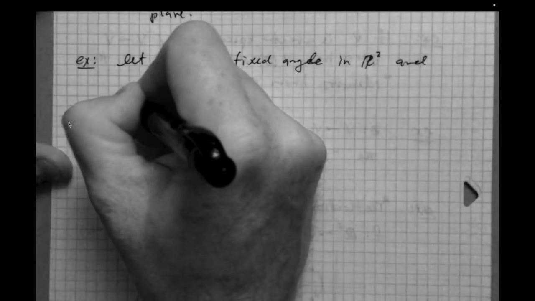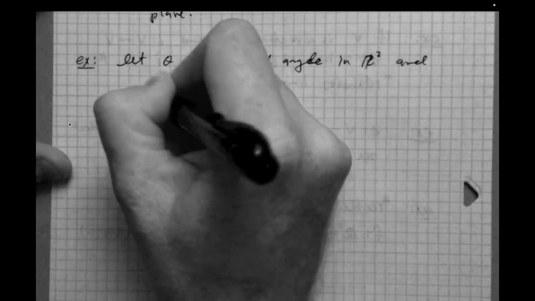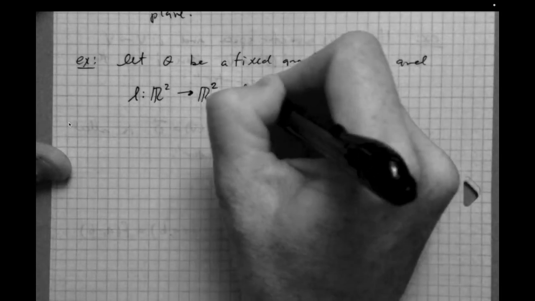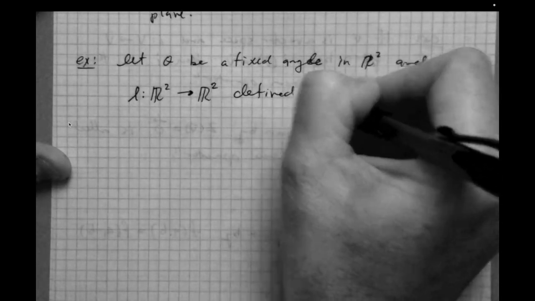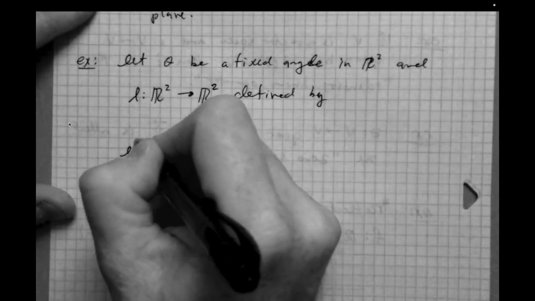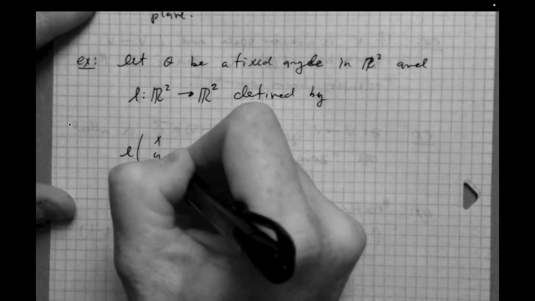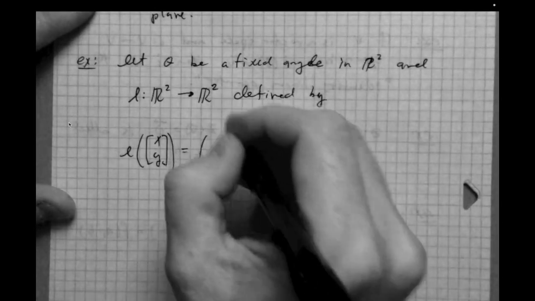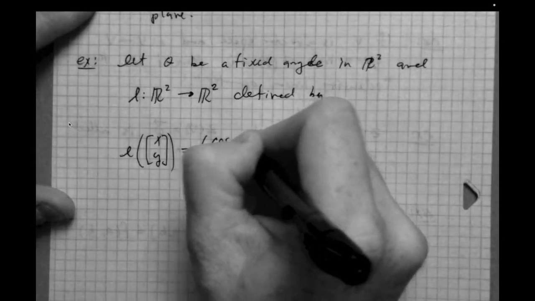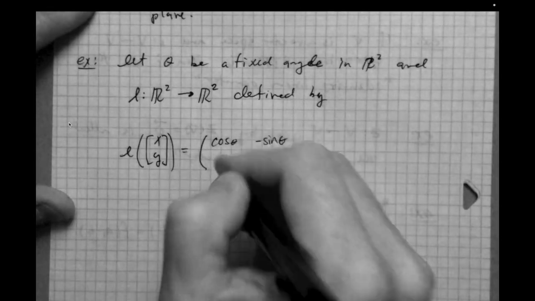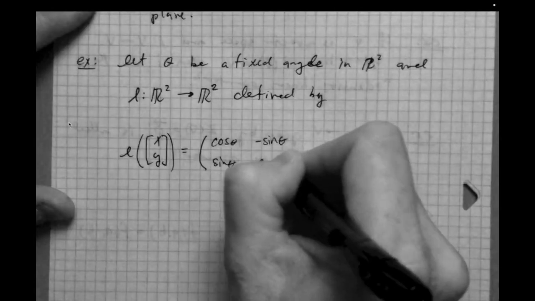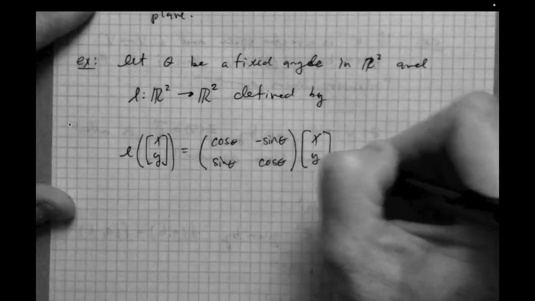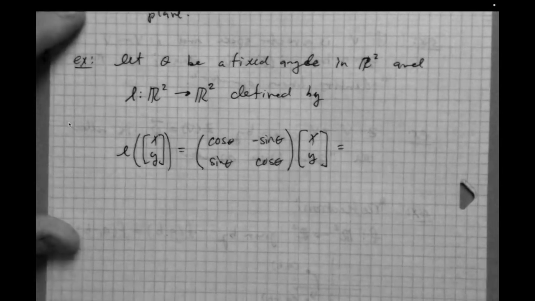Then we're going to say L is the function from R2 to R2 defined by L of a vector (x, y) equals a matrix product: the matrix with rows cos theta, negative sine theta, and sine theta, cos theta, times (x, y). So that's the function.